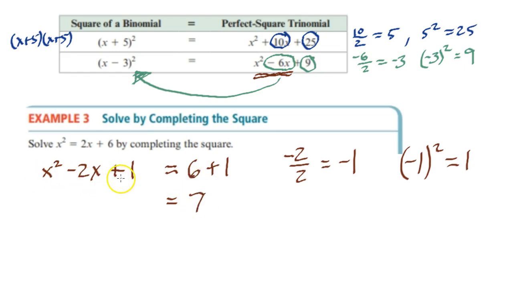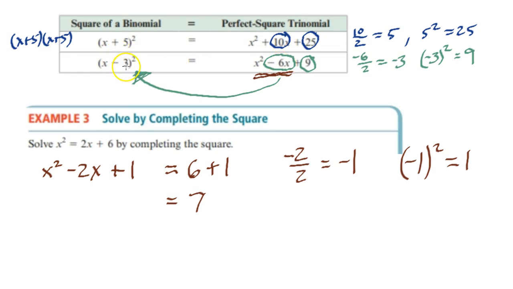Now the left side of the equation, we can factor this to a square of a binomial. So let's see how this factors. There's something you'll always notice, and it's just a shortcut I'll share with you: notice that the positive 10, the coefficient of the x term, half of that number is positive 5. And then the negative 6, the coefficient of the x term of this other perfect square trinomial, half of that is negative 3.